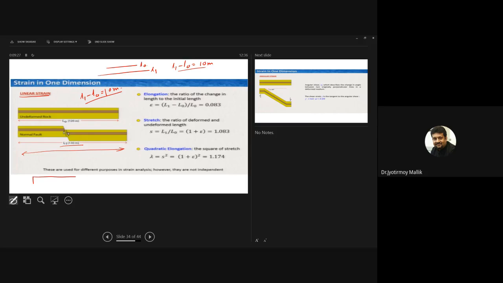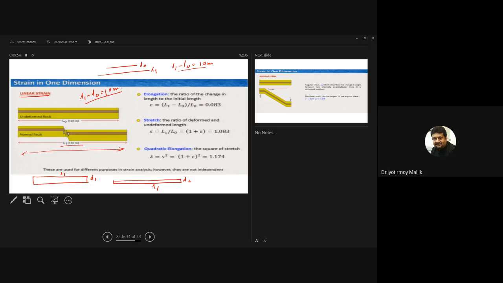Suppose I had a layer which has a thickness of D1 and length L1, it can become L2, which is more elongated than L1. To accommodate that extra length, I can have a reduced thickness. It becomes D2. I don't necessarily need to make a normal fault.